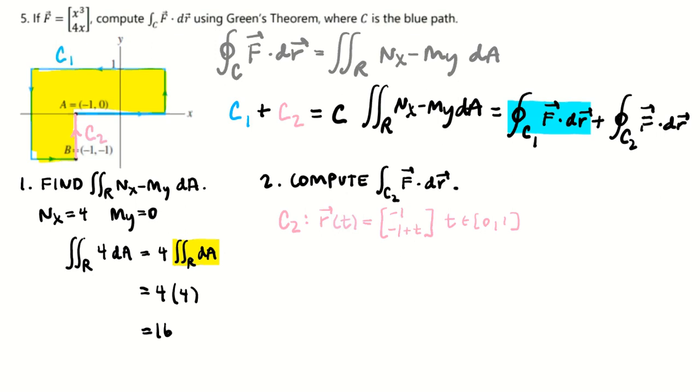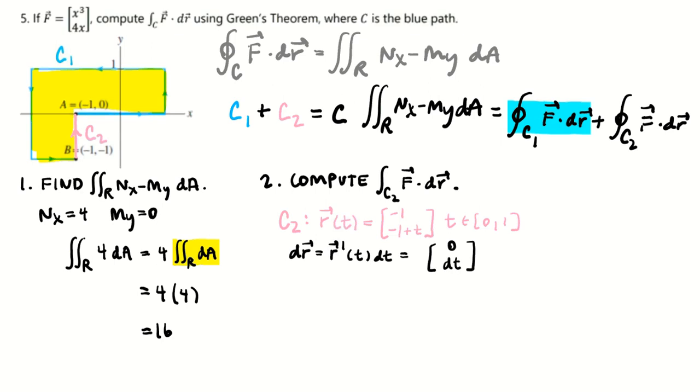All right, now we're going to get f dot dr. So dr is going to be r prime of t dt, so that's going to be 0 and then 1 dt.